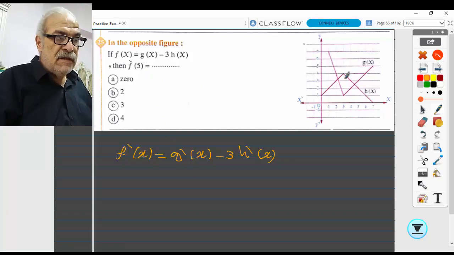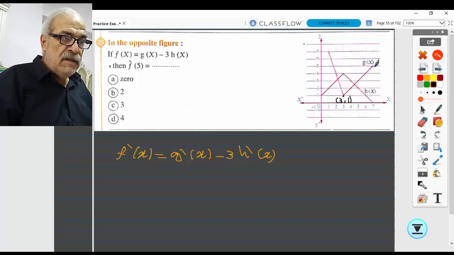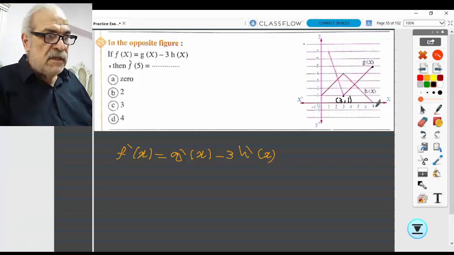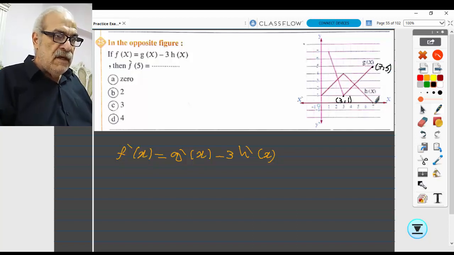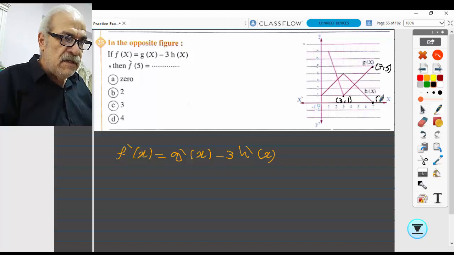So in this interval I'll consider the two points: the first point will be 3 and 1, and the other point will be 7 and 5. And for h, this point is 7 and 0, and the other is 3 and 4.